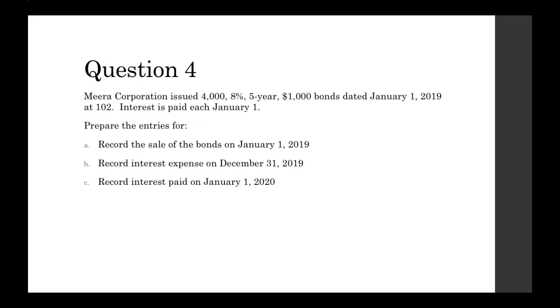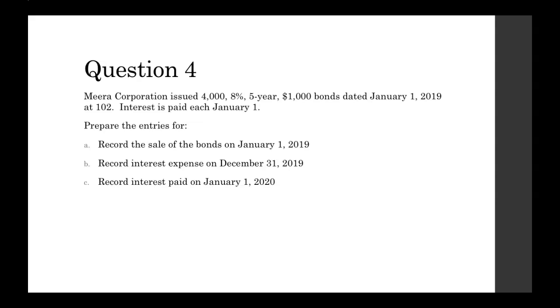Now, for each of these numbers, the 4,000 is how many bonds are being issued. So we can think back to when we were issuing stock, right? When we were issuing stock, we issued 2,000 shares of stock. Well, here we're issuing 4,000 bonds.